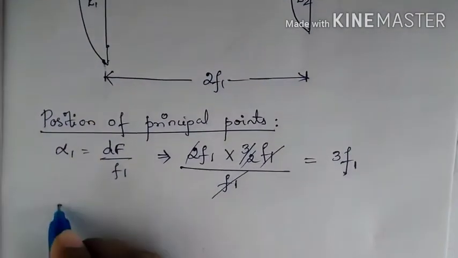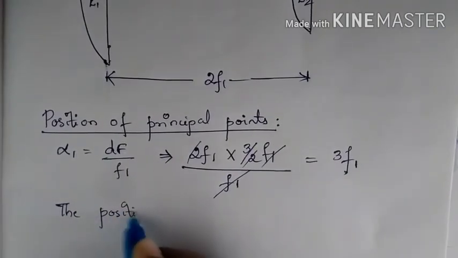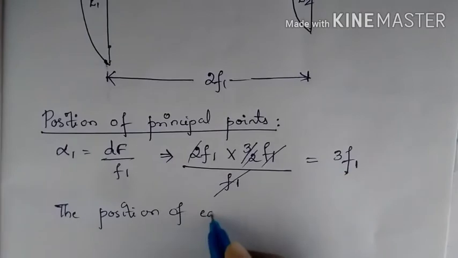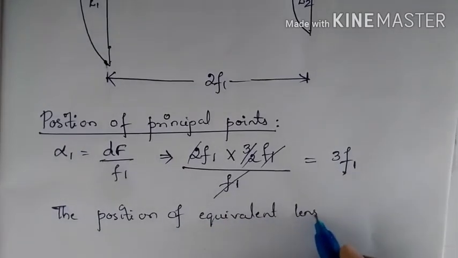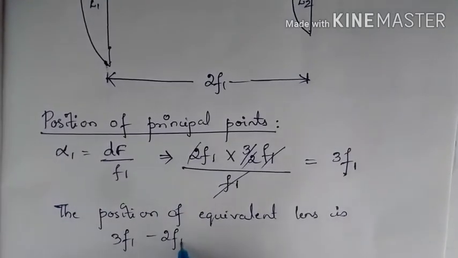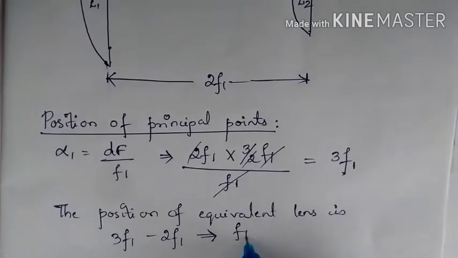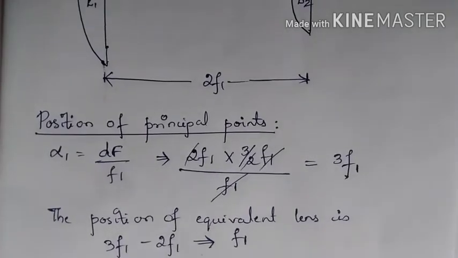The position of equivalent lens is 3f1 minus 2f1, so that gives f1. So it should be placed away from the eye lens at a position f1.